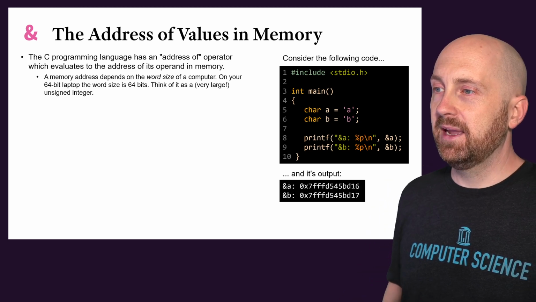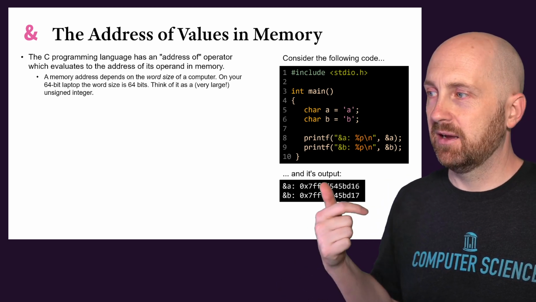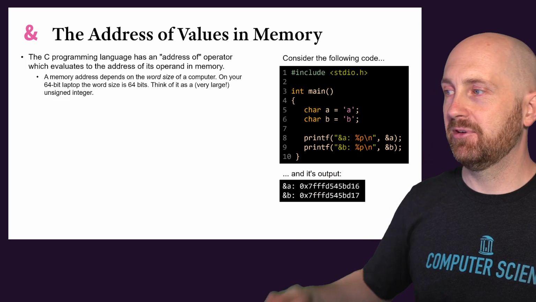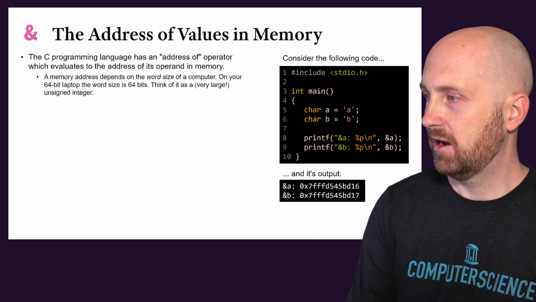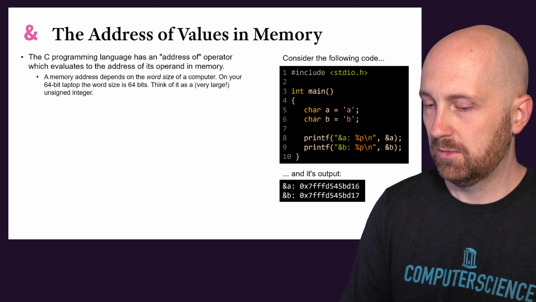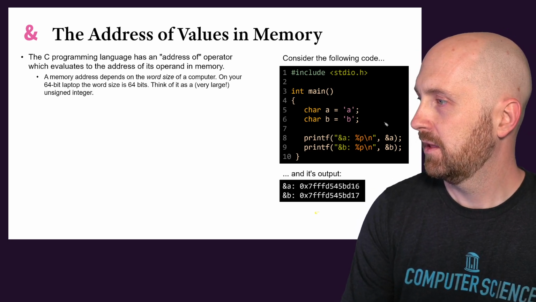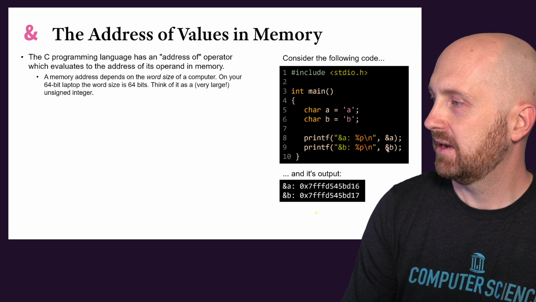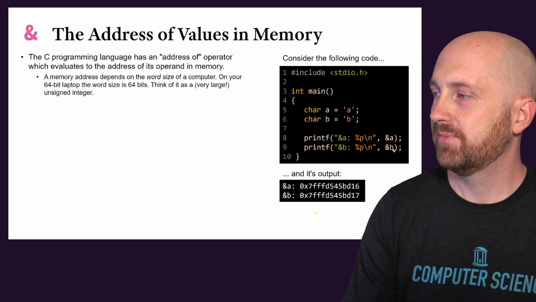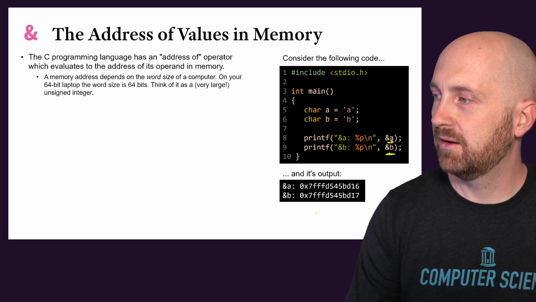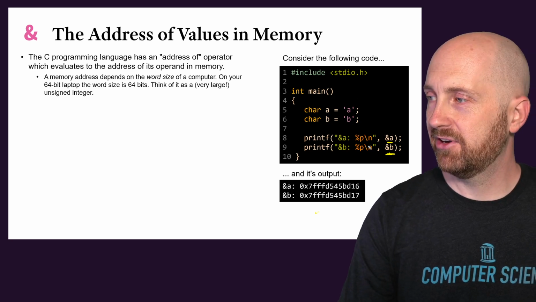And so the way that you would read this symbol is the address of whatever comes after it. So in this case, we're talking about the address of A. And in this case, we're talking about the address of B.